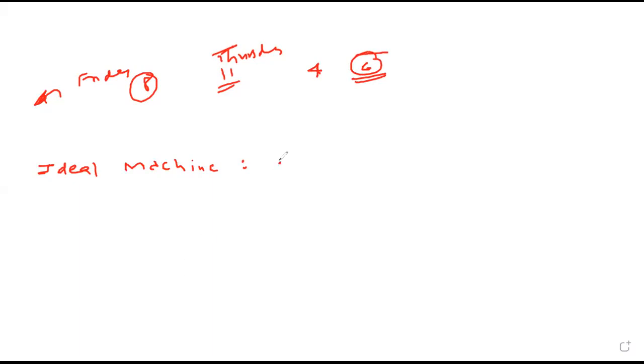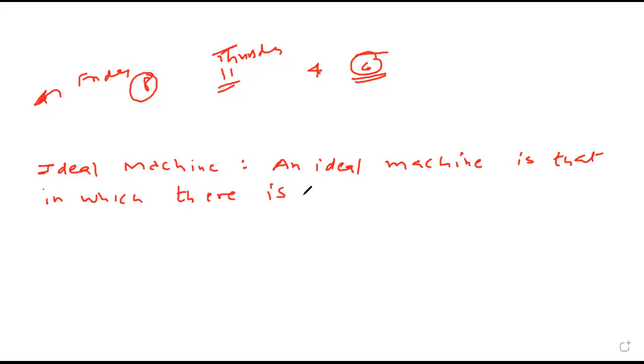An ideal machine is a machine in which there is no loss. So an ideal machine is one in which there is no loss of energy.